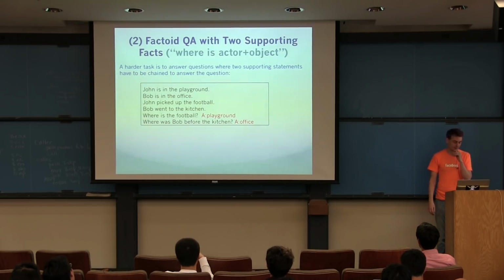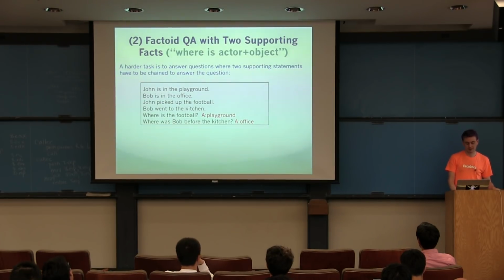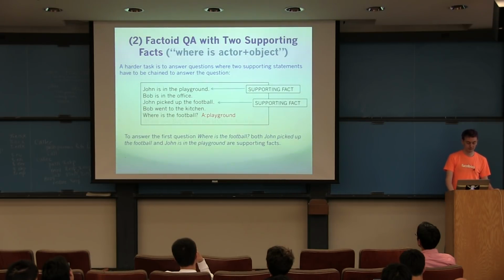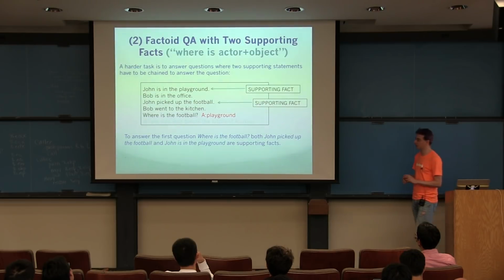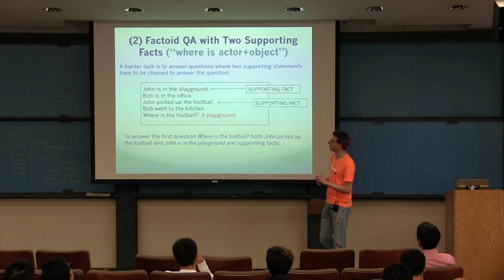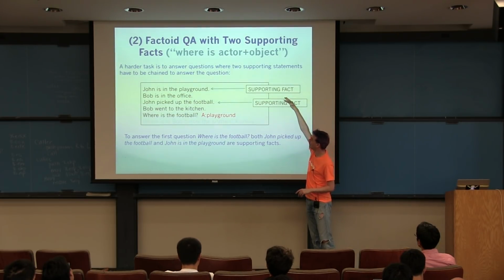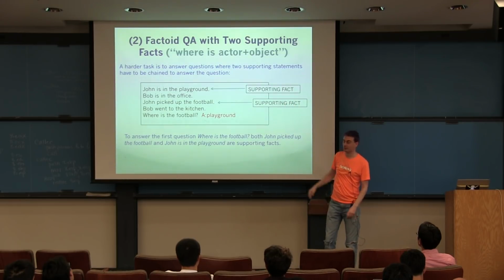And then the second task is a little bit harder, and it requires 2 supporting facts, basically. So we have questions like where is the football, or where was Bob before the kitchen. Here, as I was saying before, the where-is-the-football question requires both of these sentences as supporting facts.